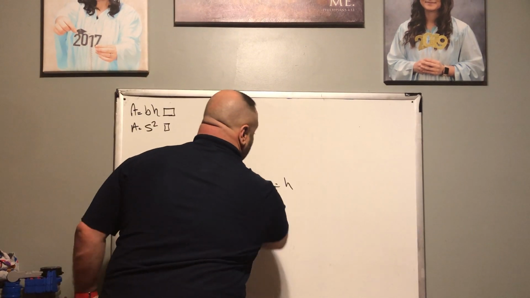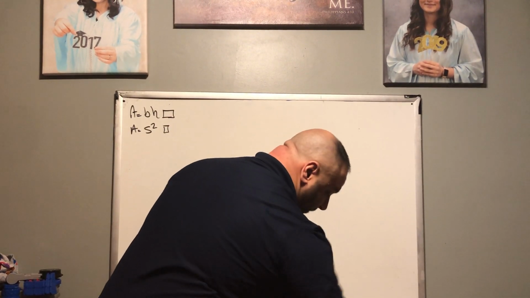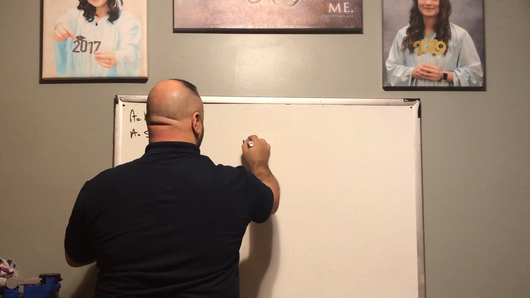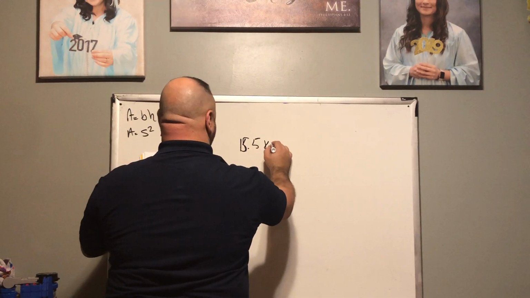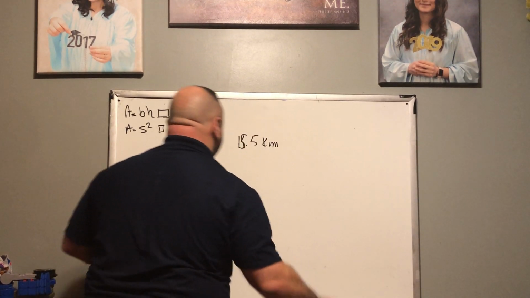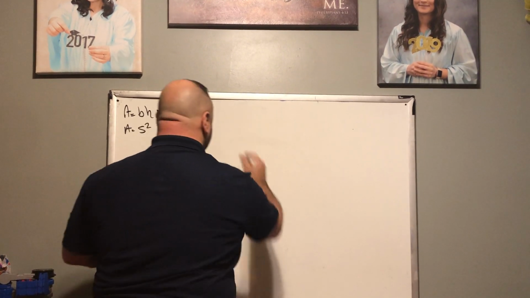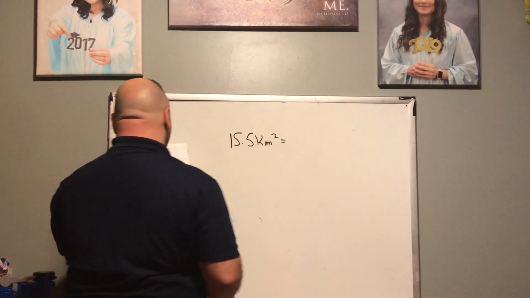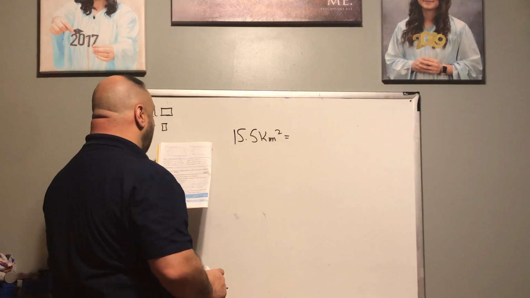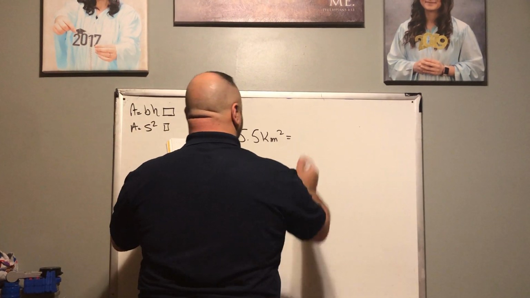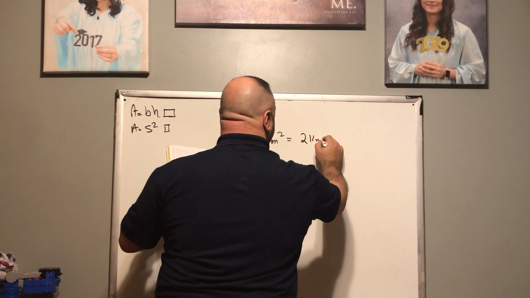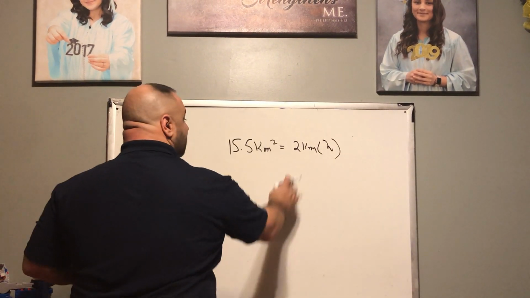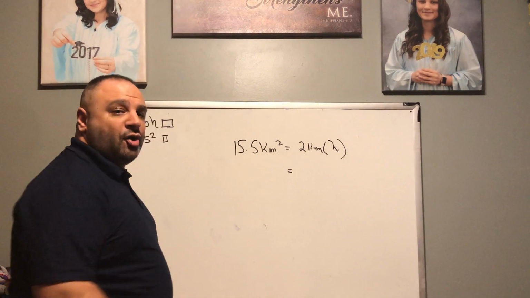Number 11, we have area is 15.5 kilometers squared. No, that's sloppy. Hold on. 15.5 kilometers squared is equal to, we have our base, which is 2 kilometers. And then we're looking for our height. So again, simply multiplying our variable and our coefficient here.